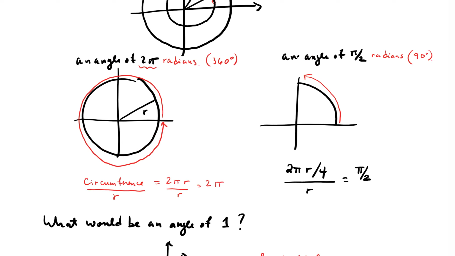Now, 2 pi, if you calculate it using your calculator, is about 6.28. So that means when you go around a circle of radius r, you go about 6.28 times the radius. That's why we say it's 6.28 radians.